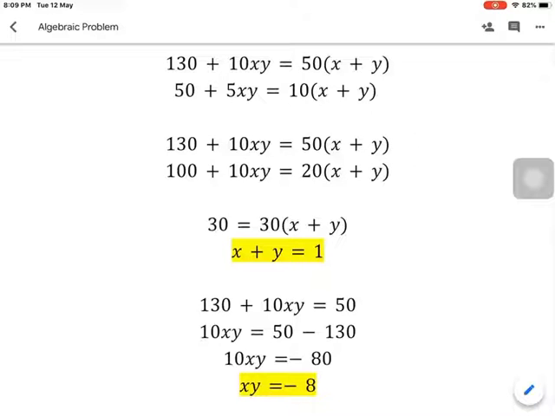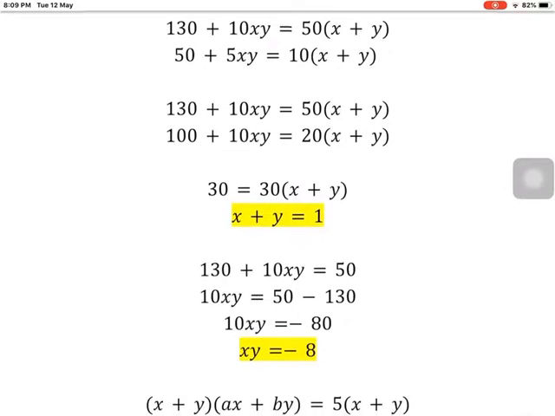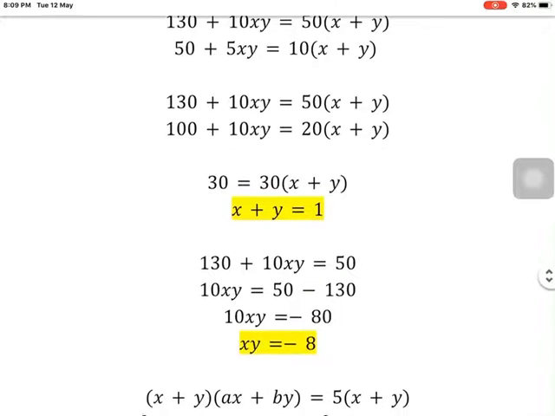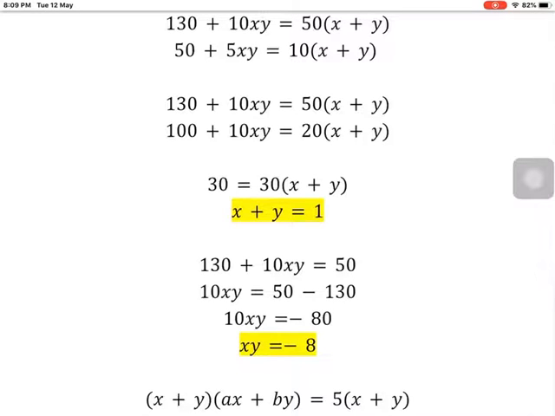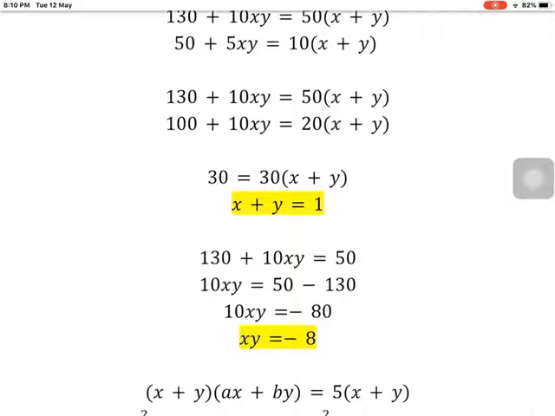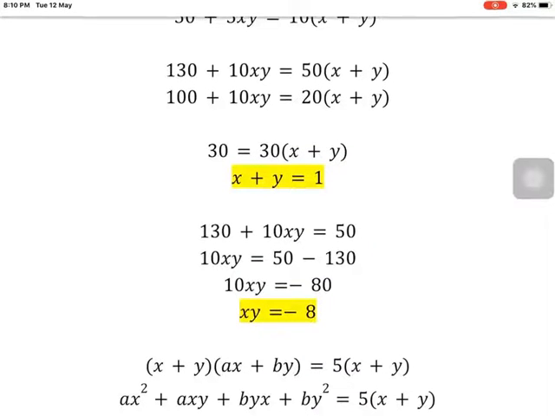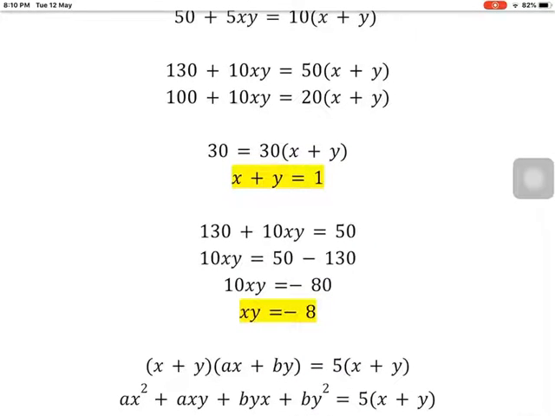We also need to use substitution and other factorization methods to solve for a plus b. So we take the first ever original equation, ax plus by equals to 5. You multiply by the same subject, x plus y, throughout the equation. So if you expand it, it becomes ax square plus axy plus byx plus by square equals to 5 times x plus y.